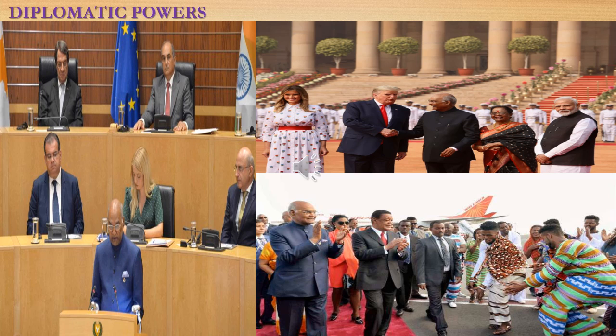So that is the diplomatic power. The President appoints Indian diplomats to other countries and receives foreign diplomats from other countries to India. The ambassador designate becomes ambassador after calling on the President and presenting his credentials. All the treaties and agreements with foreign states are entered into in the name of the President.